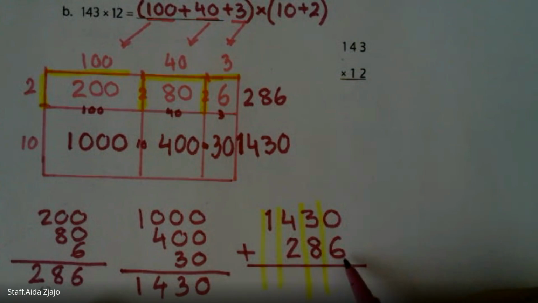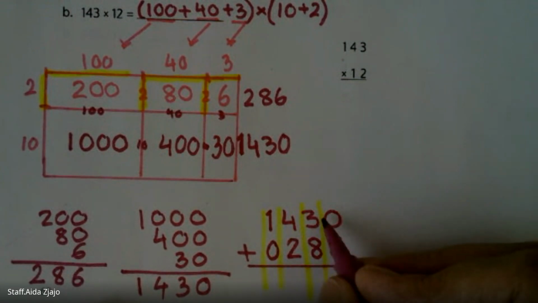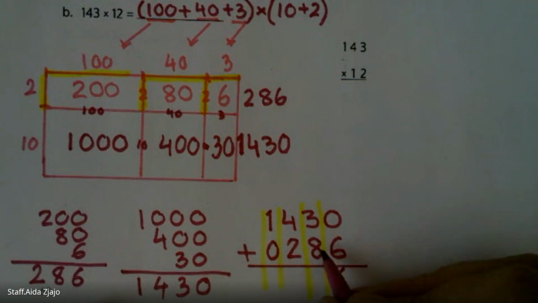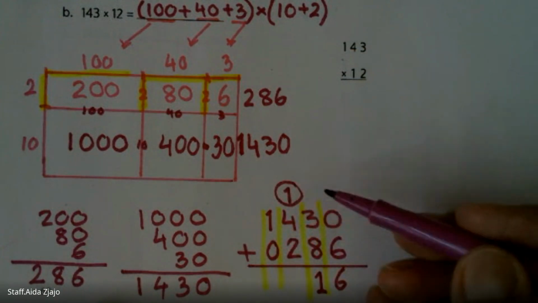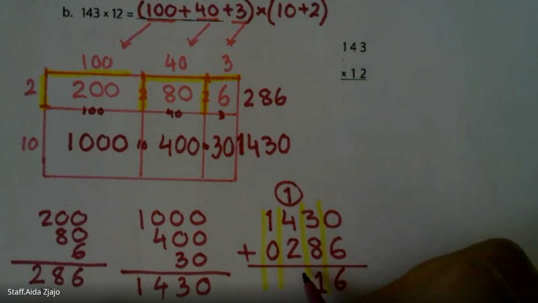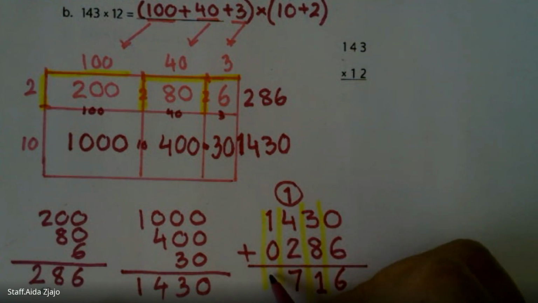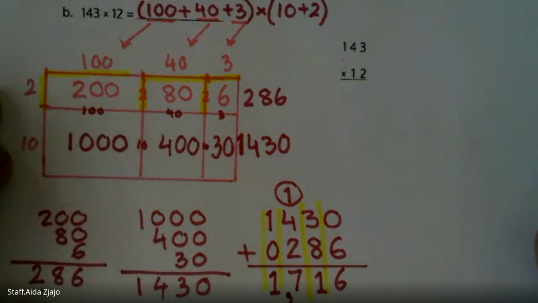So 286 does not have any thousand, I'm going to put 0 there. So 0 plus 6 is 6. 3 plus 8, 8 and 3 more is 11. Remember, regroup 100. And then 1 plus 4 is 5, plus 2 is 7, that is 700. And then 1,000 plus 0 is 1,000. So 1,716 should be the answer.